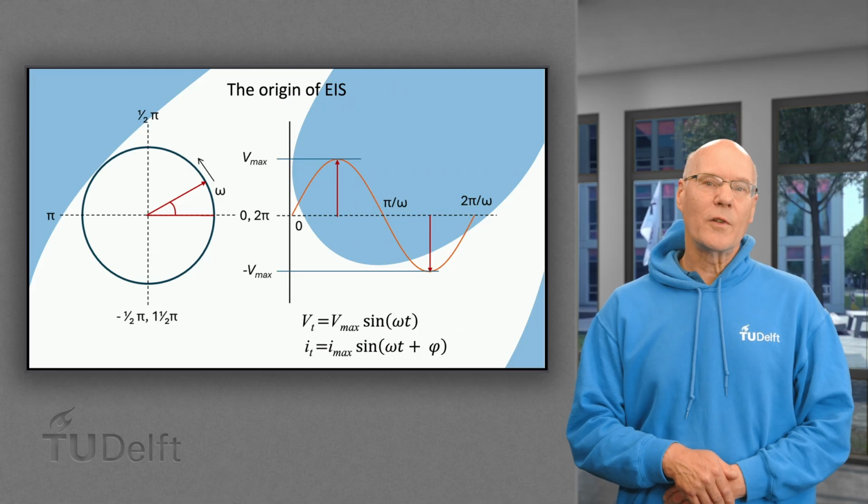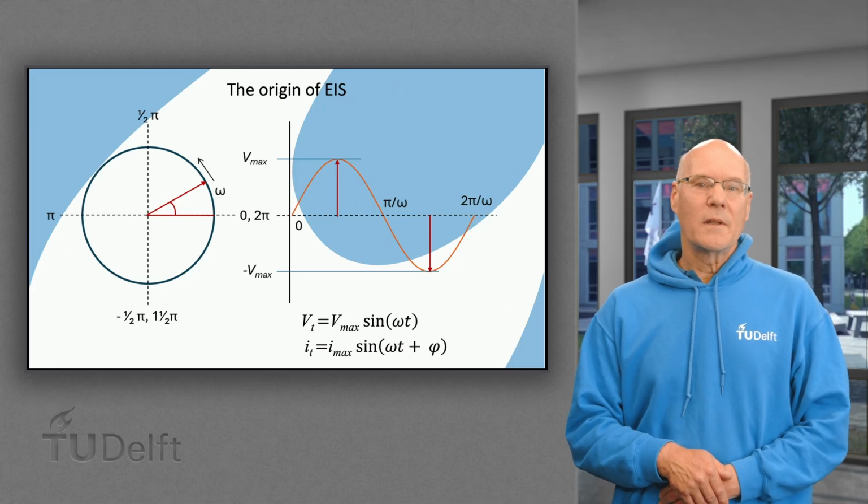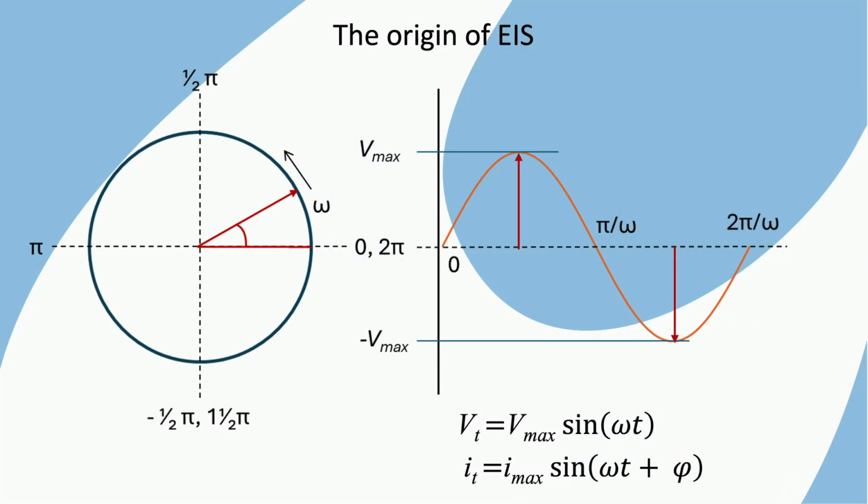A sinusoidal voltage V at time t is expressed by V(t) equals the maximum voltage, Vmax, times the sine of the angular frequency omega times time t, where omega equals 2 times pi times the frequency f.